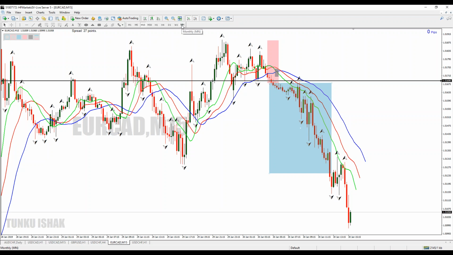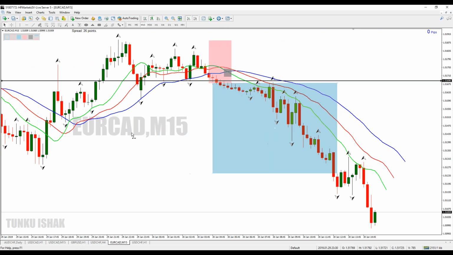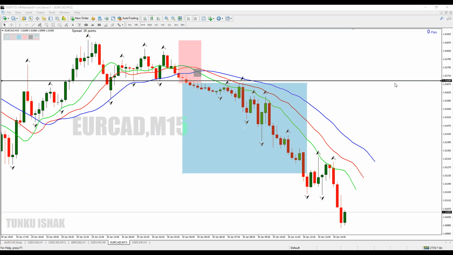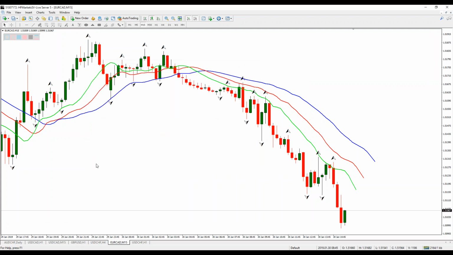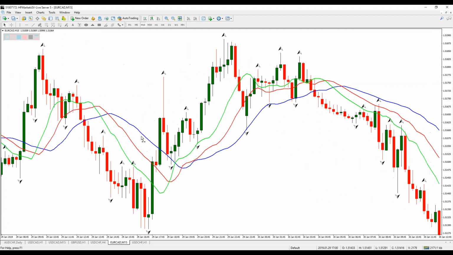But our focus is the alligator. Look for the alligator signal for the entry and then you can work on that. That is the function of the fractal. You use the fractal as support and resistance.